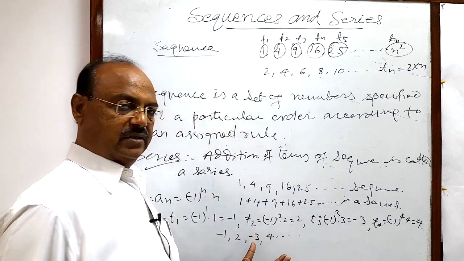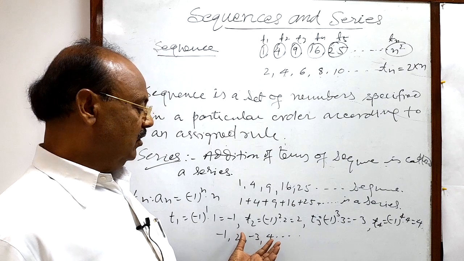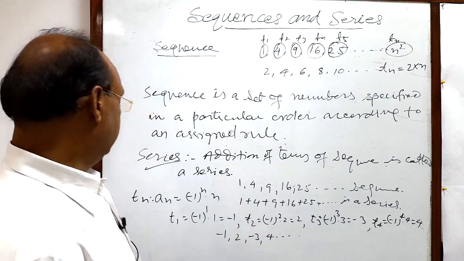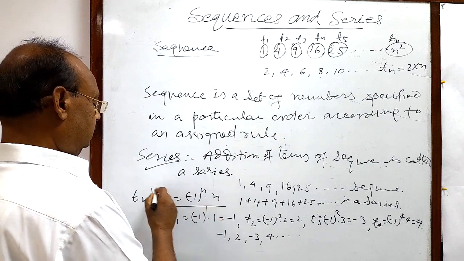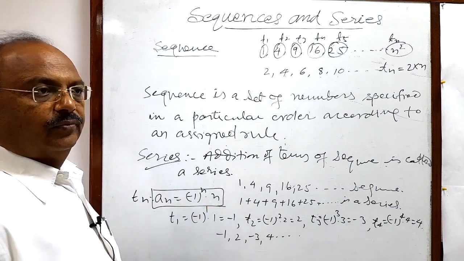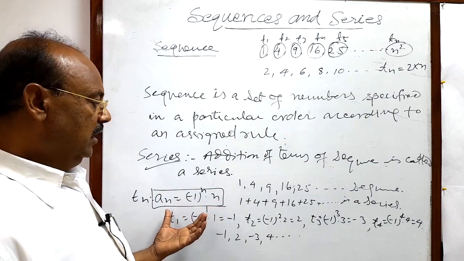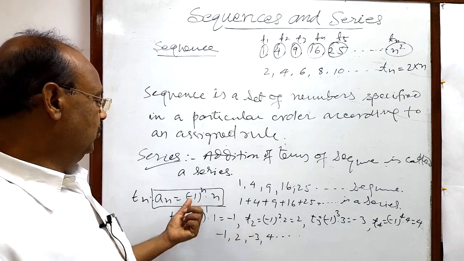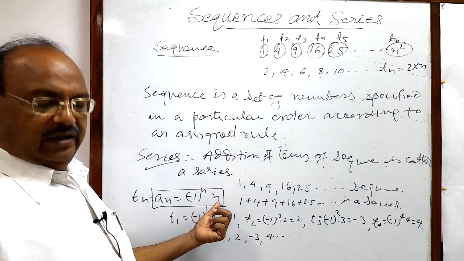This is a sequence because the numbers are formed as per an assigned rule, and the assigned rule is this expression, this formulation, and we can find any required number of terms by simply putting the value of n here.